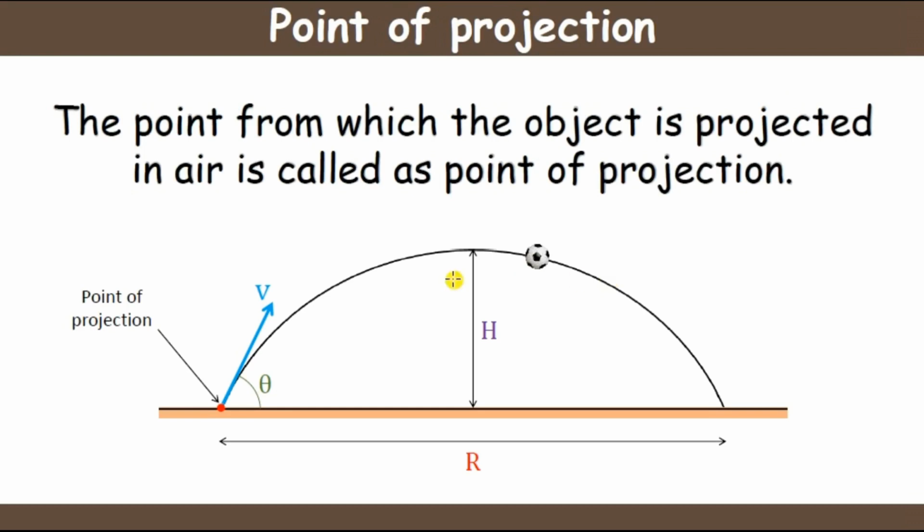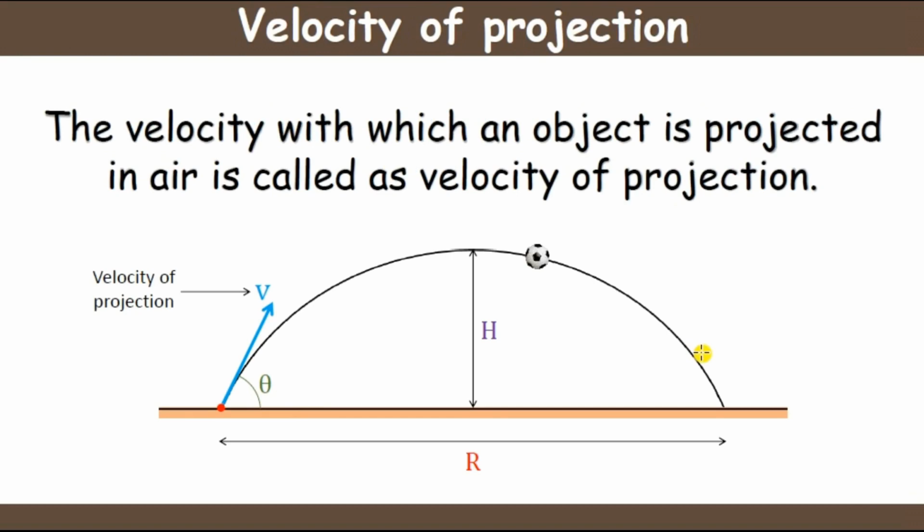Now you could see that the point at which the object is going to be projected with the horizontal is called the point of projection. Got it? Now the next term we will see is the velocity of projection, which I told you as the initial velocity.